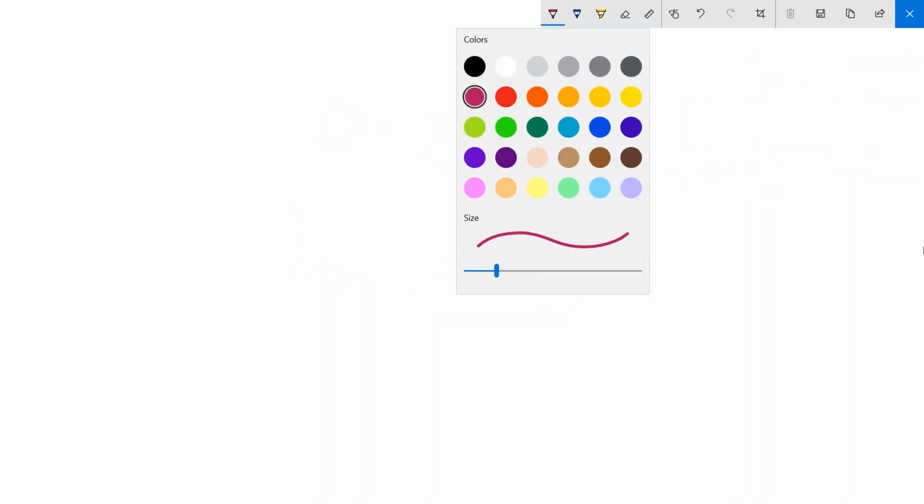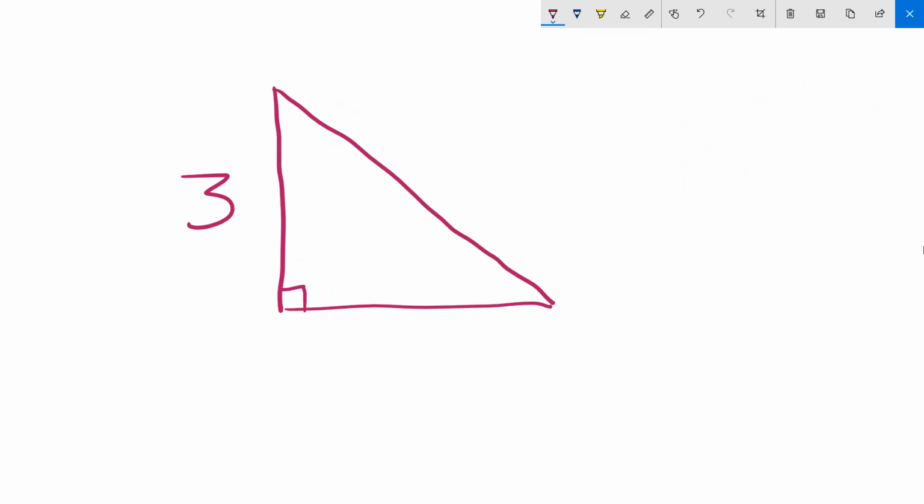So, here's a triangle that you've been working with for probably 3 years. Do you know what this angle is?